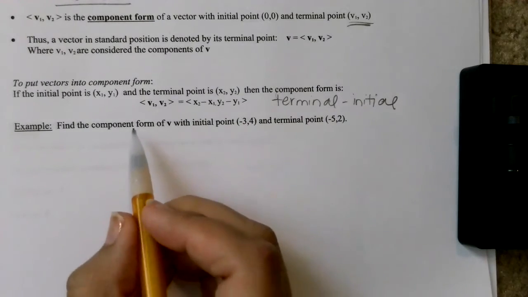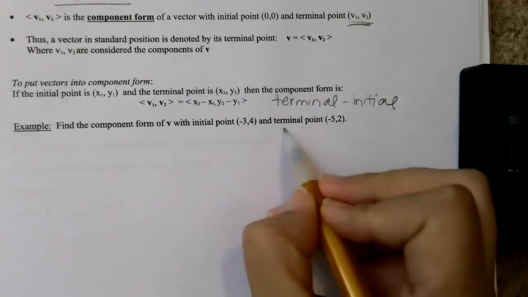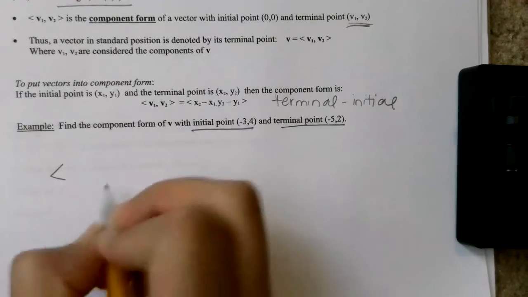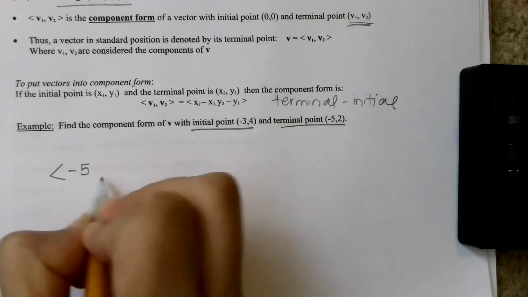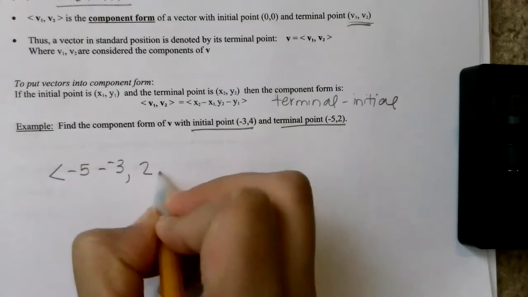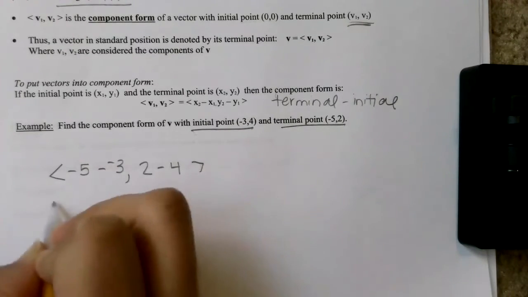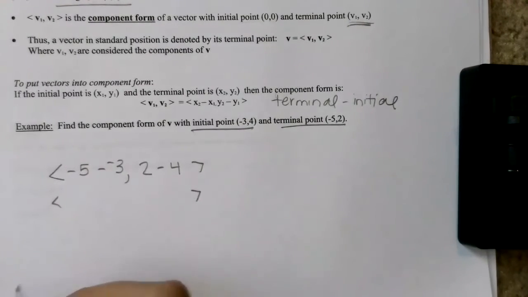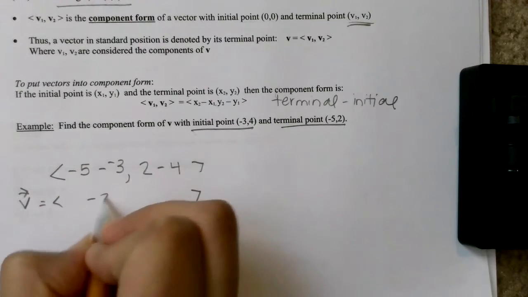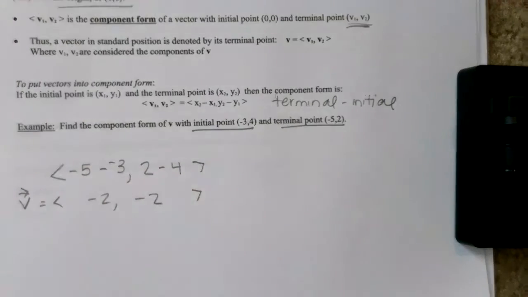So if we did this with no graph, terminal minus initial, here's my terminal point, here's my initial point. To put it in component form, terminal x minus initial x, terminal y minus initial y. So the component form of vector v is <-2, -2>.